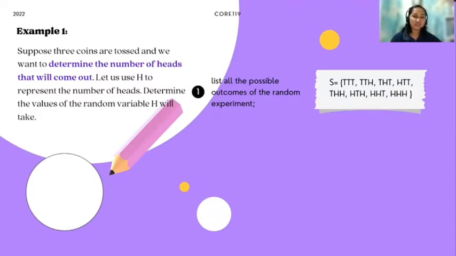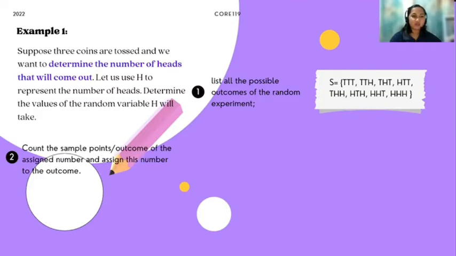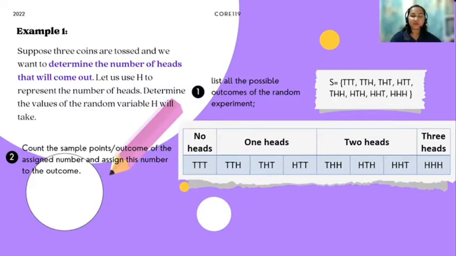After listing all the possible outcomes for this random experiment, number 2, count the sample points or outcomes of the assigned number and assign this number to the outcome. Given the sample points in number 1, we need to count the number of heads. So we are going to segregate the sample points.